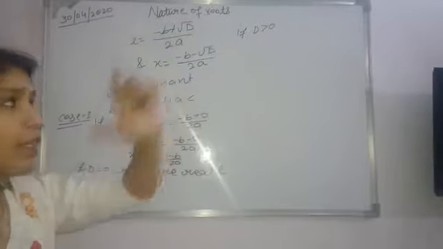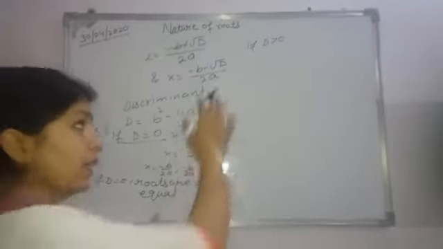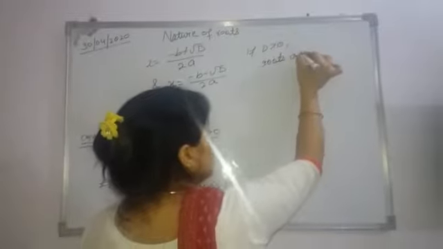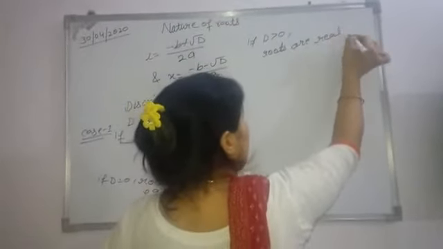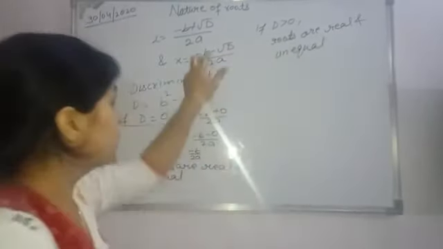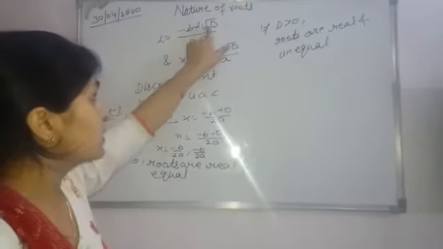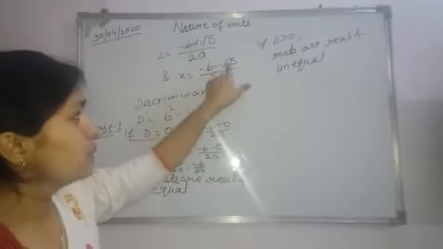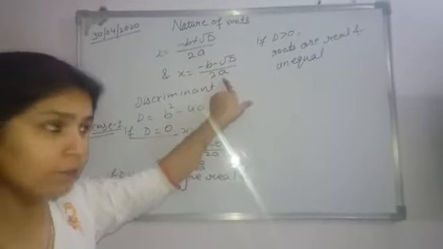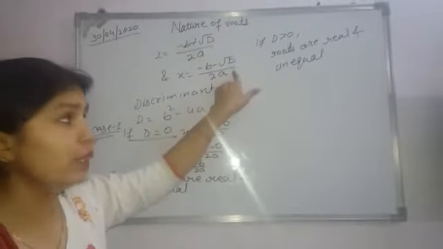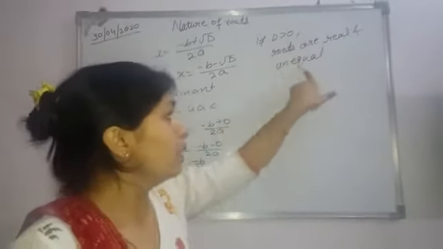In that case we can find this value, and we can say that roots are real and unequal, because the first root is minus b plus square root of D divided by 2a, and the second root is minus b minus square root of D divided by 2a. In this case we obtain two different values, that's why these roots are real and unequal.